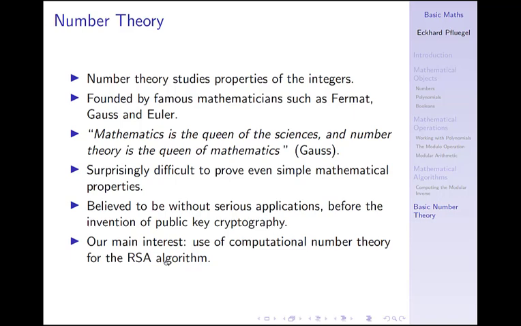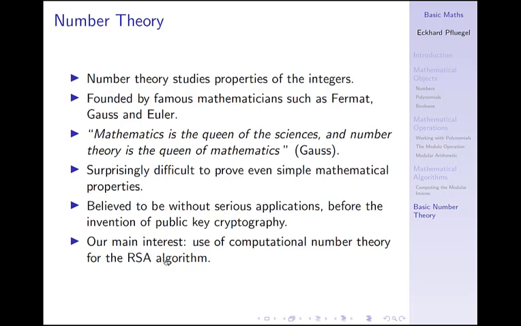So to him, it seemed that the results that number theory states are sometimes so difficult to prove, and yet so beautiful, and also perhaps detached from any reality, because people didn't really have any application area for number theory, that he thought it's like a queen of mathematics.